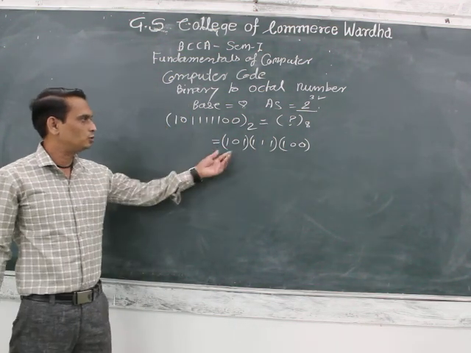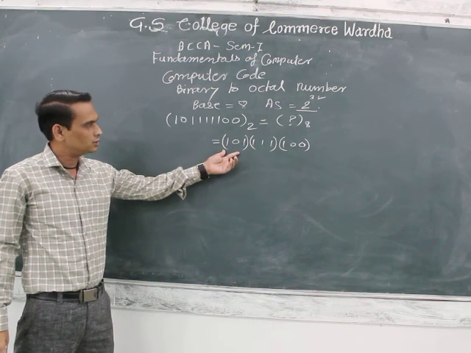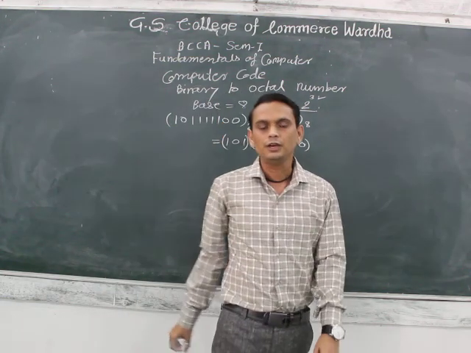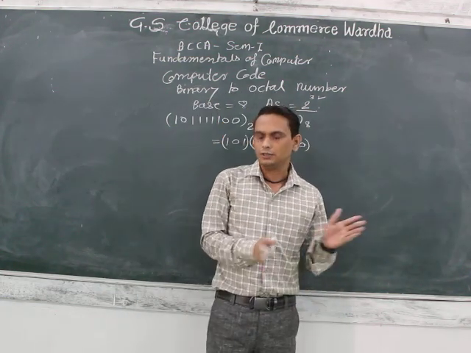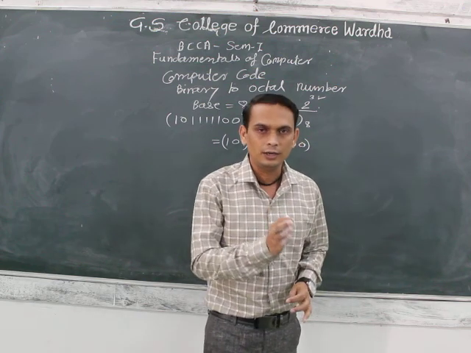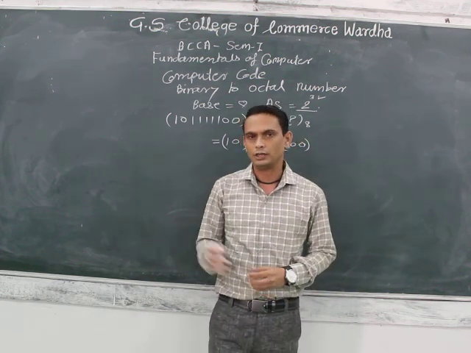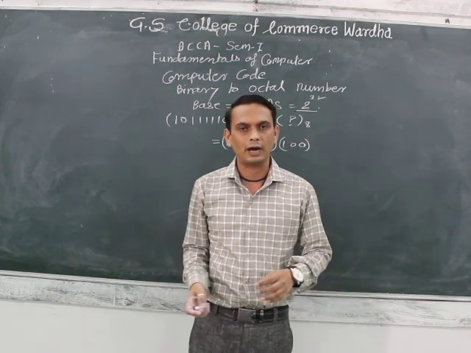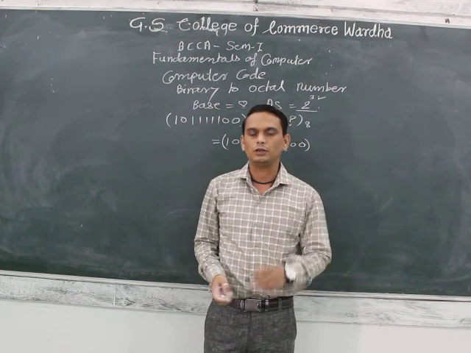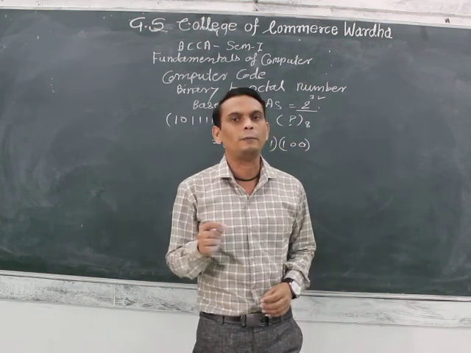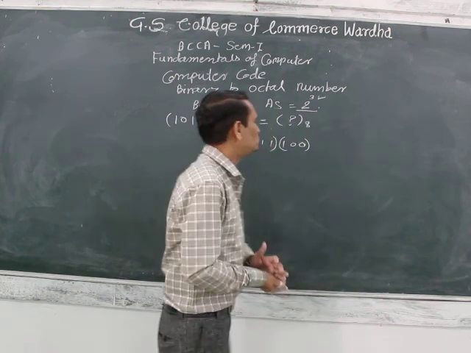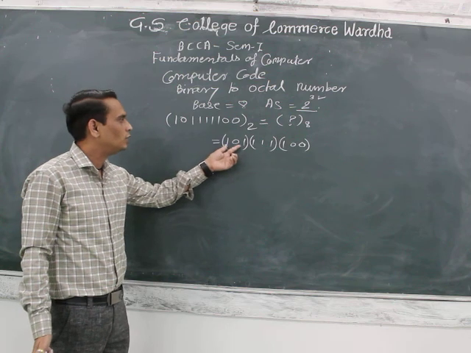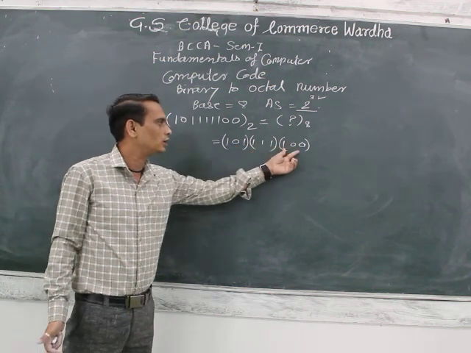Now these digits represent a binary number. These binary numbers represent a decimal number as well as octal number, because both are the same, but decimal has 0 to 9 and octal has 0 to 7, but their representation in binary are the same. So we should find what octal number will be represented by 101, 111 and 100.